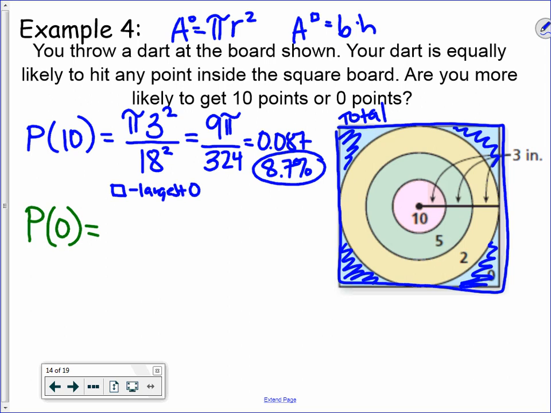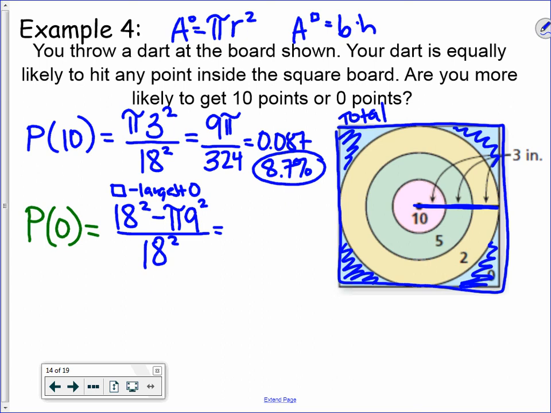So we're going to take 18 squared, the area of the square, minus the largest circle. The radius of the largest circle, once again, was 3 plus 3 plus 3, so pi times 9 squared, the radius was 9, and then you still have the total area of 18 squared.